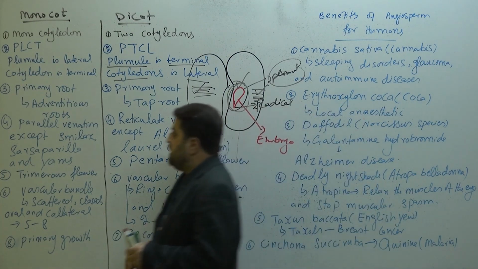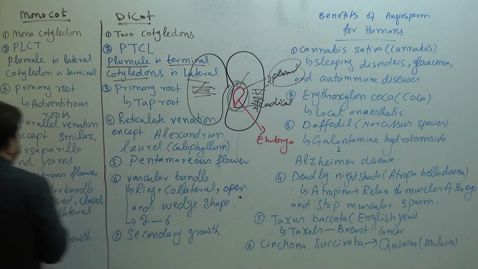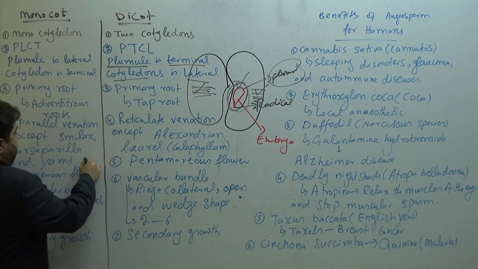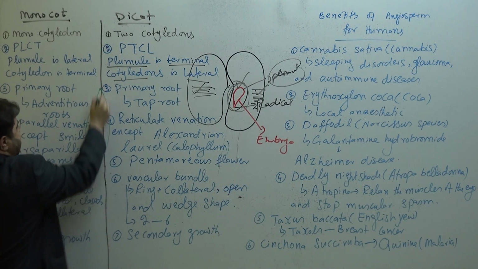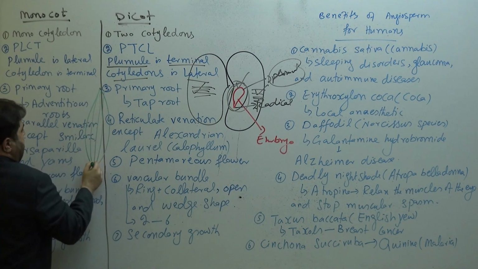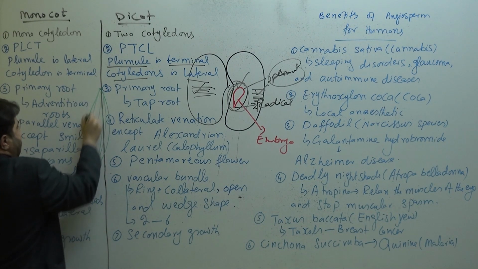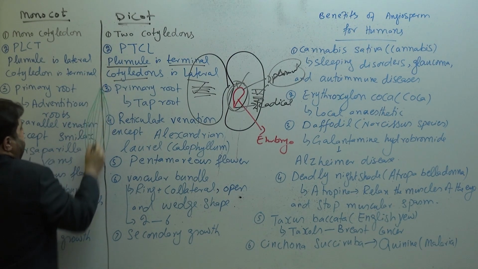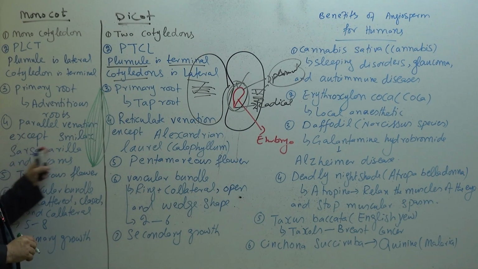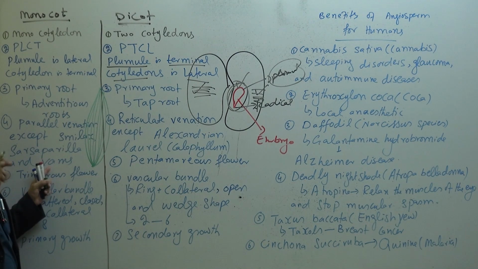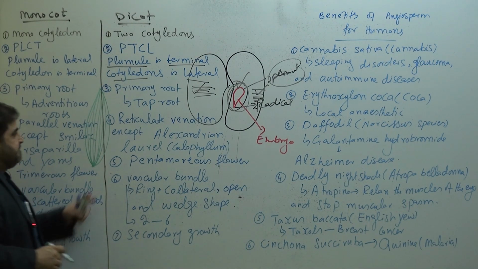After that, the difference in their leaf. As a rule, the venation is parallel in the case of monocot. When we observe the leaf of wheat, we see that the veins are parallel to one another. This is called parallel venation, except in Smilax, Sarsaparilla and Yams, which show reticulate venation.